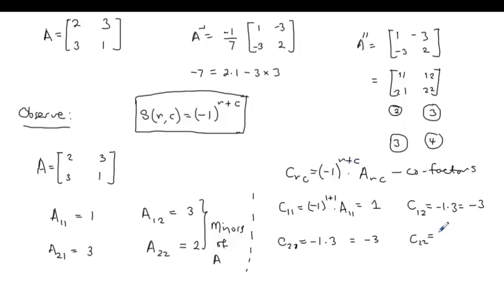Then positive 1, multiply by A22, which is a 2. And then we get here a 2.